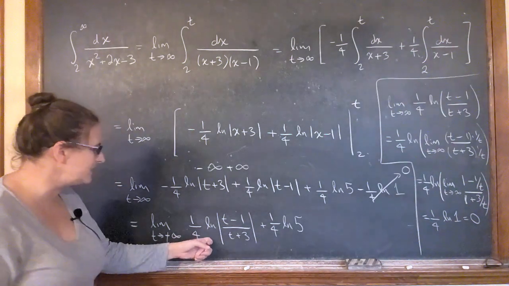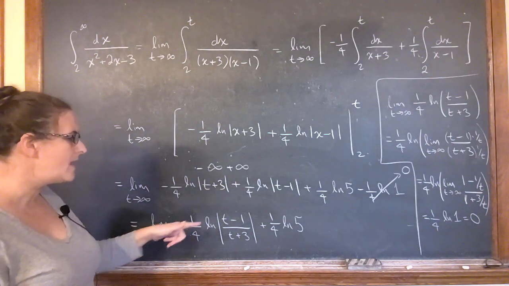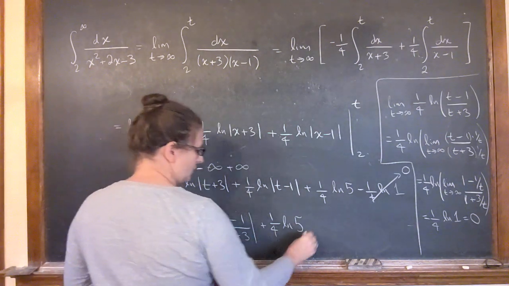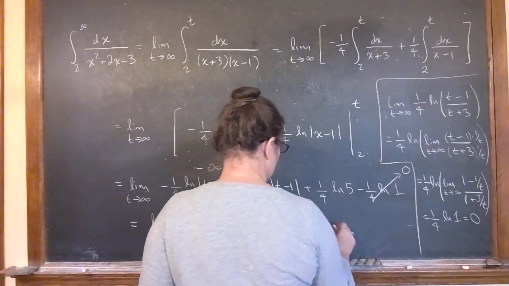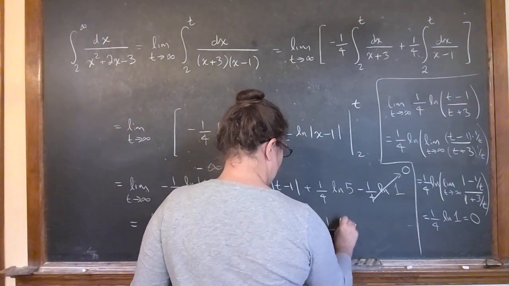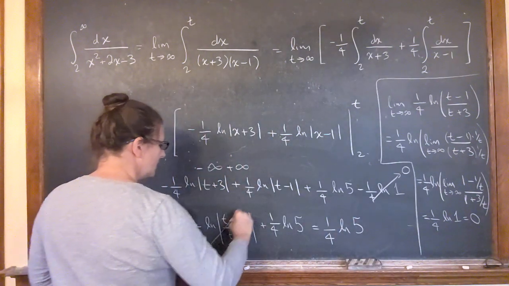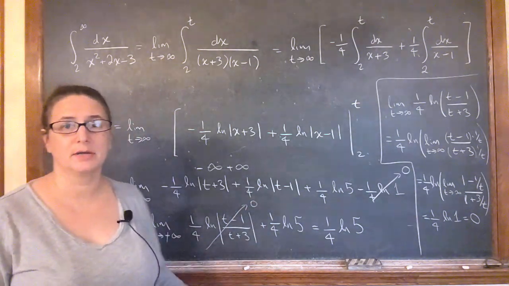So it turns out this limit, this infinity minus infinity, does go to 0. And the value of my integral is what's left over here, 1/4 natural log of 5. But you need to do a little bit of work to show that that limit goes to 0.